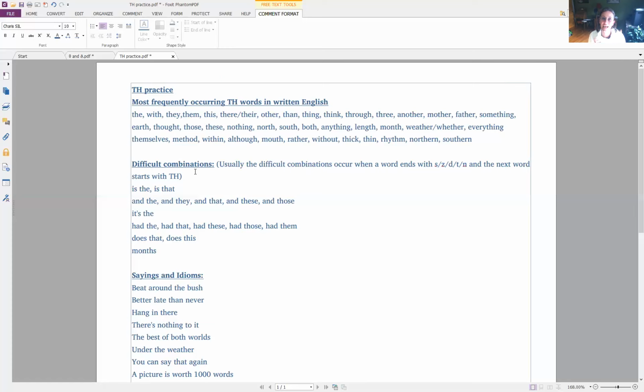Had, instead of, it doesn't have to be had. Does that, does this. There's no real easy way to do that. And months. Again, take it slow, make it quicker as it feels comfortable.